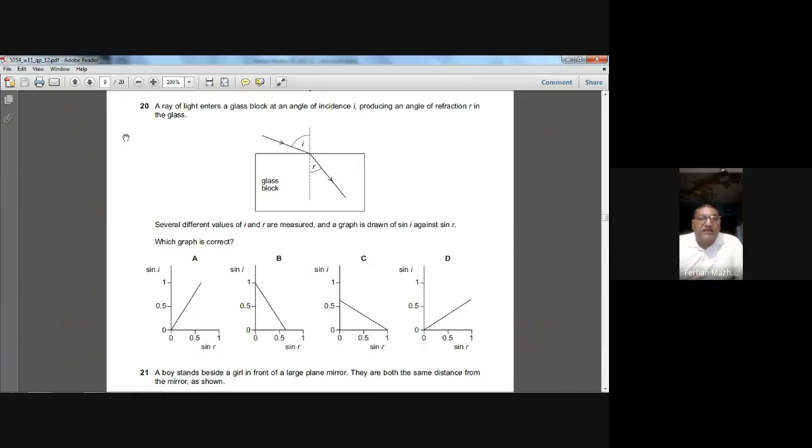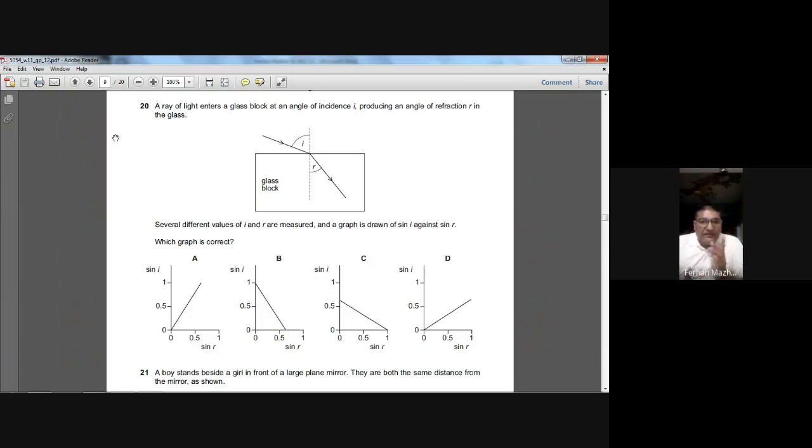If you find the slope of these graphs, that will be equal to sine I by sine R. Whatever is on the y-axis divided by whatever is on the x-axis. Sine I by sine R. And you know, according to Snell's law, sine I by sine R is equal to the refractive index.